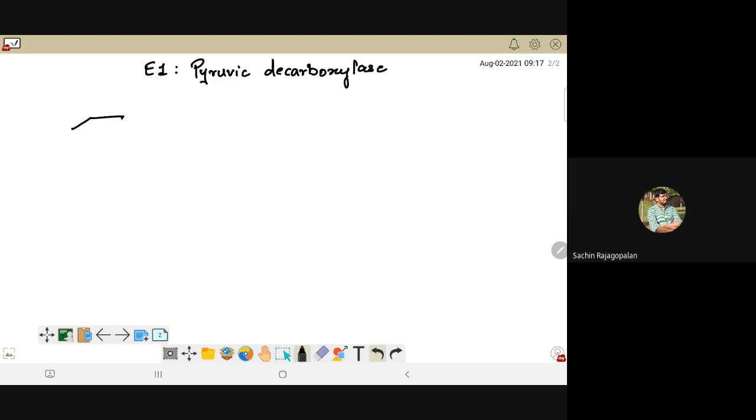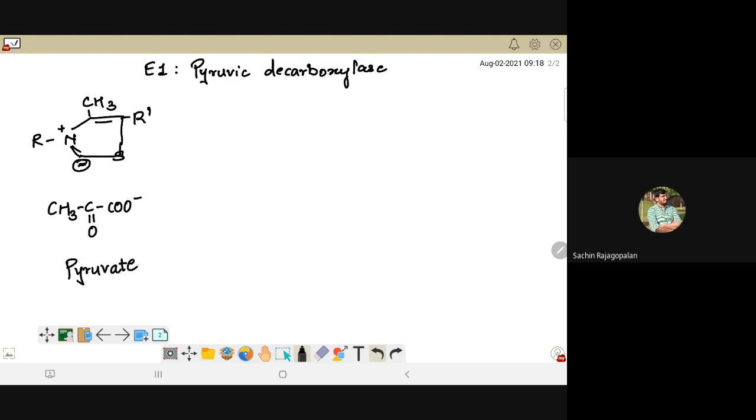So TPP is going to look something like this. So here is the carbanion form, and you have pyruvate associated to it. We have to join pyruvate to it at the point where you see the negative charge.